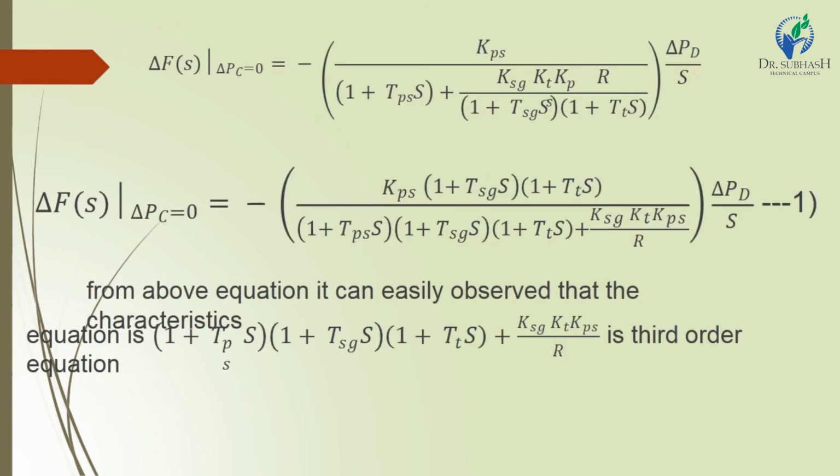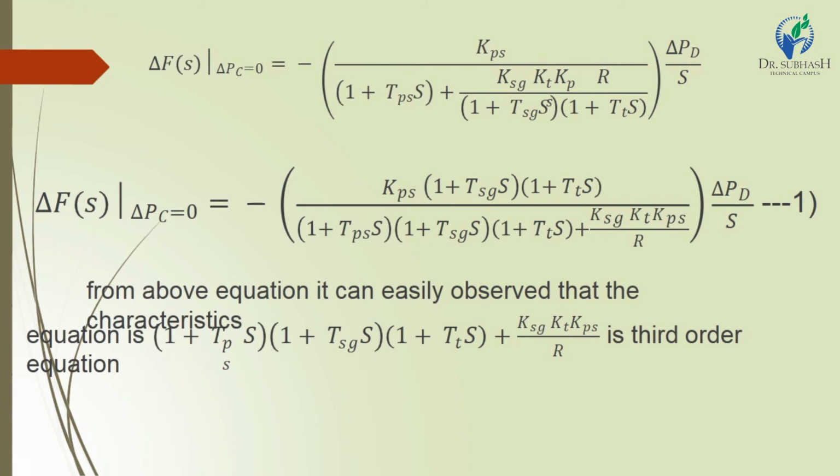The equation is delta f of s is equal to Kps upon 1 plus Tps into s, plus Ksg into Kt into Kp into R upon 1 plus Tsg into s into 1 plus capital T of small t into s, into delta Pd of s.